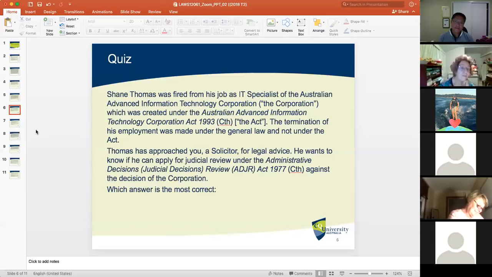Shane Thomas was fired from his job as IT specialist of the Australian Advanced Information Technology Corporation, which was created under the Australian Advanced Information Technology Corporation Act 93. The termination of his employment was made under the general law and not under the Act. Thomas has approached you, a solicitor, for legal advice.